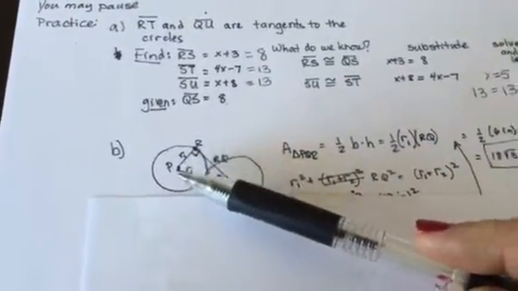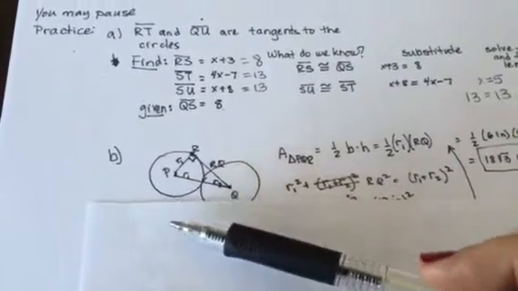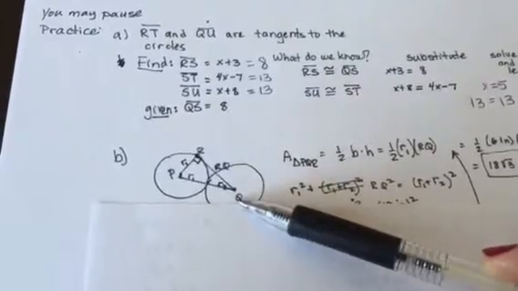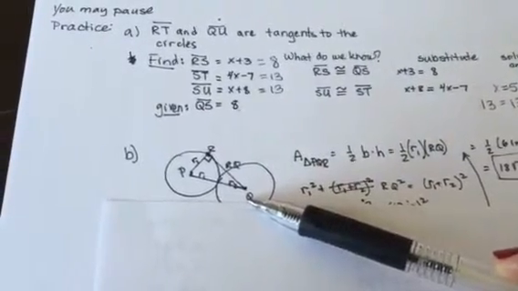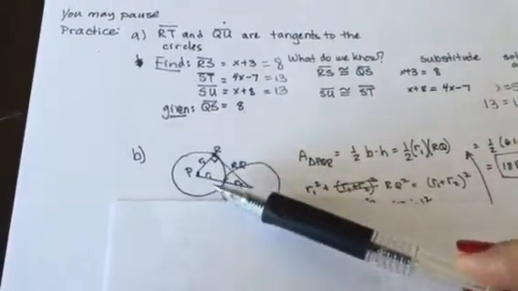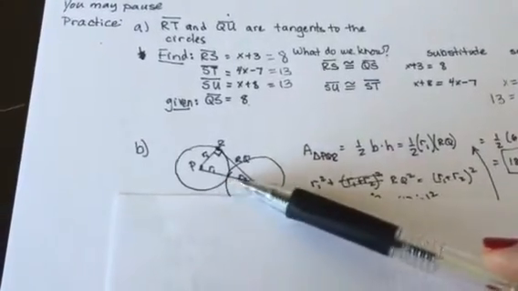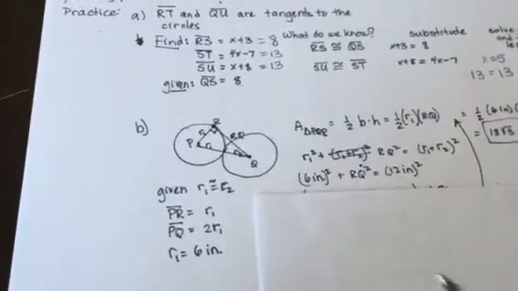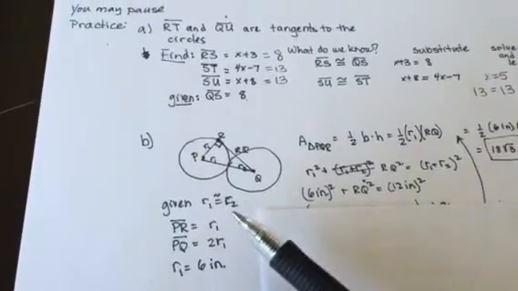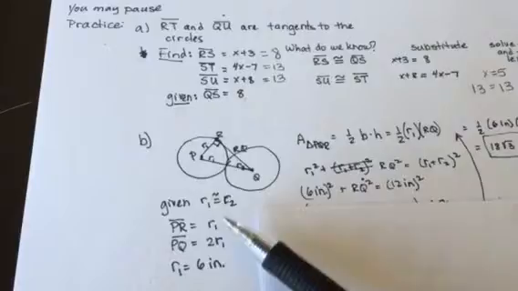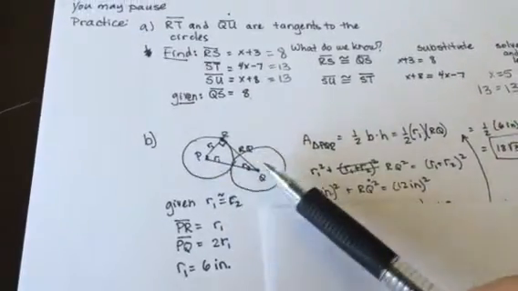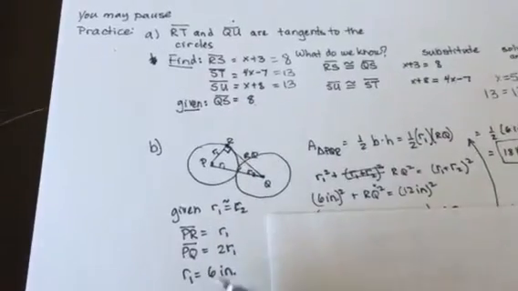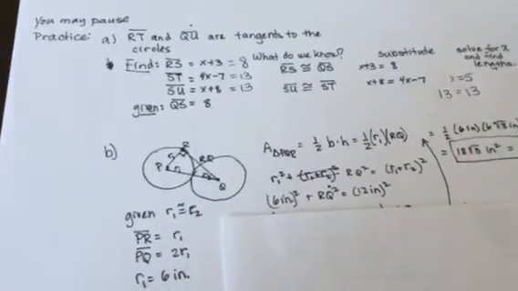The problem states that P and Q are congruent tangent circles with radii of 6 inches each. So radius 1 and radius 2 is showing this length. However, we are given that radius 1 is congruent to radius 2, and we know that the length of PQ can be labeled as 2 times R1, and that, again, R1 is 6 inches.